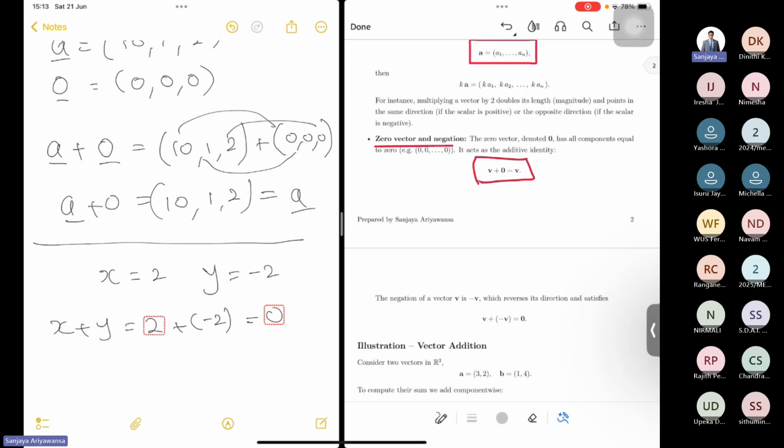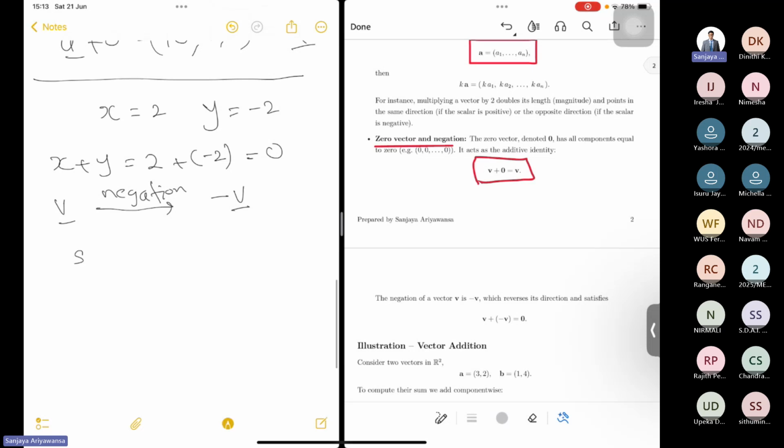Similarly, in vectors, if you have a vector v, then the negation of this particular vector is minus v, such that if you add the two vectors, you should get the zero vector.